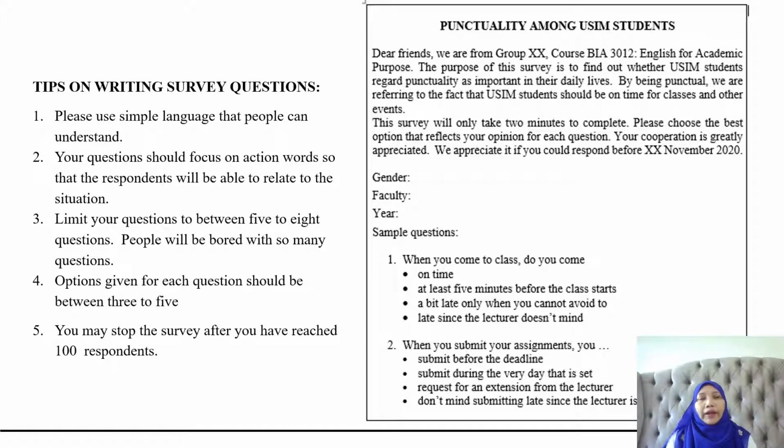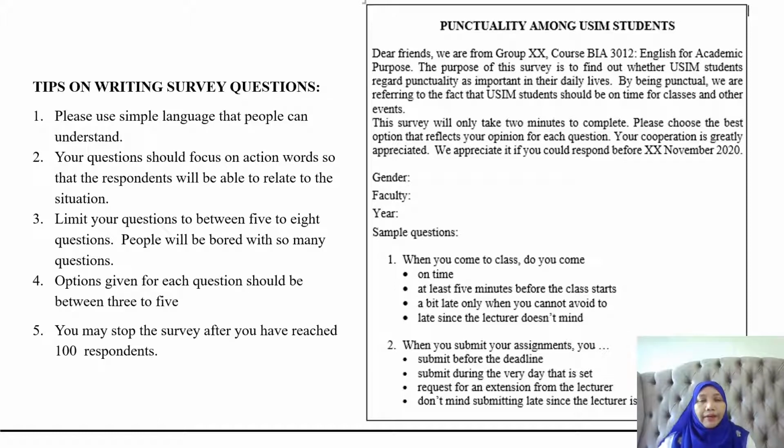All right, so limit your questions to between 5 and 8. When you respond to survey questions, you don't like too many questions, right? It's the same thing. Your respondents do not want a lot of questions. You basically have 3 research questions, so try and make sure that your questions correspond to these 3 research questions.